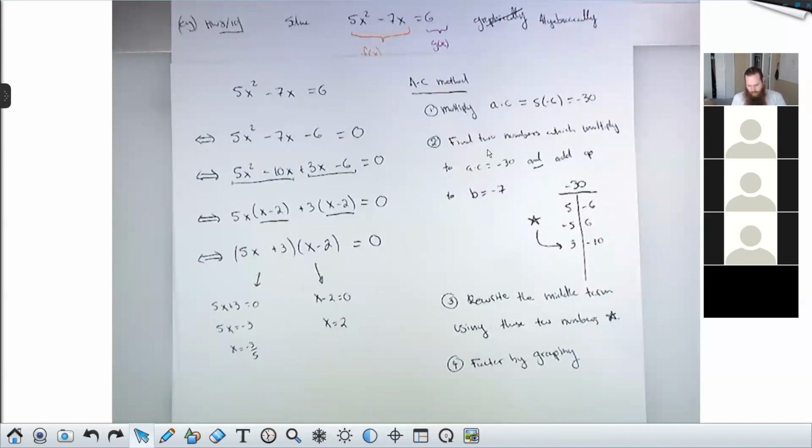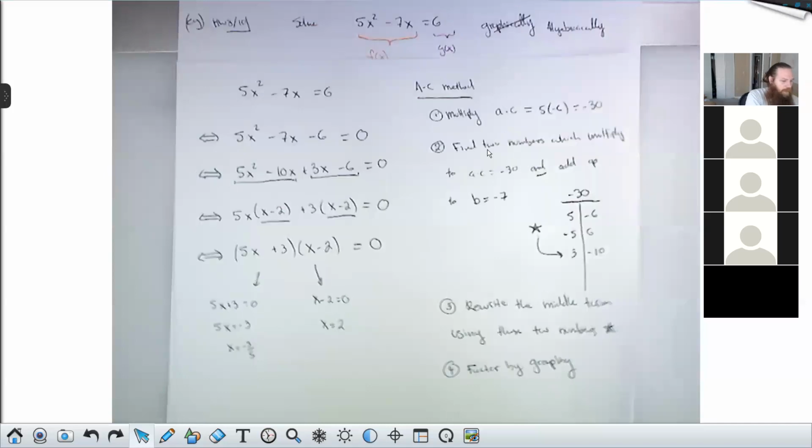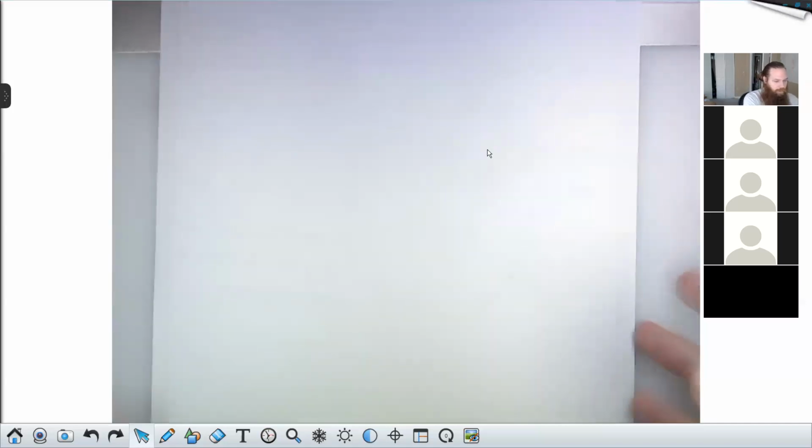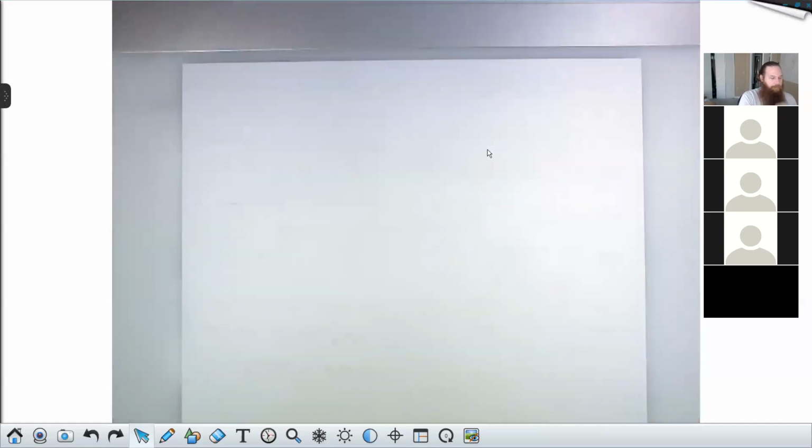Not leaving you high and dry on any of these things. Let's talk a little bit more about the discriminant. I want to remind you about the discriminant, and I'm going to show you something new here. So even if you've got your notes from last time on the discriminant, I'll ask that you think along with me for a minute.